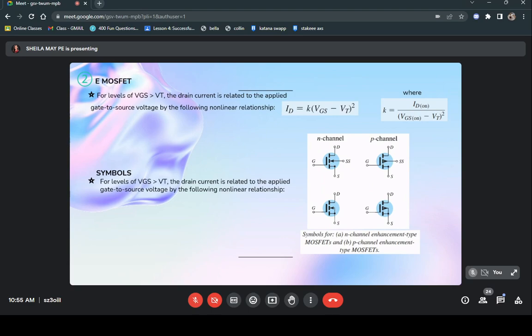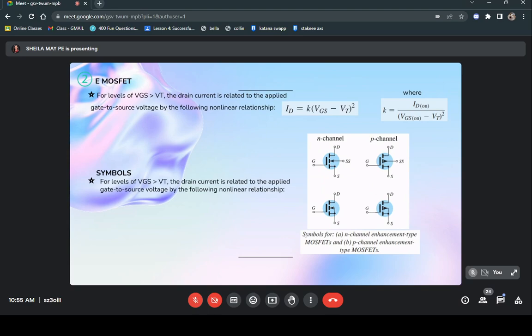So we have ID equals K times (VGS minus the threshold voltage VGS(th)) squared. And K has a formula of ID(on) divided by (VGS(on) minus the threshold voltage) squared. The symbols are the same as for our D-MOSFET. The only difference is that the curve is broken.